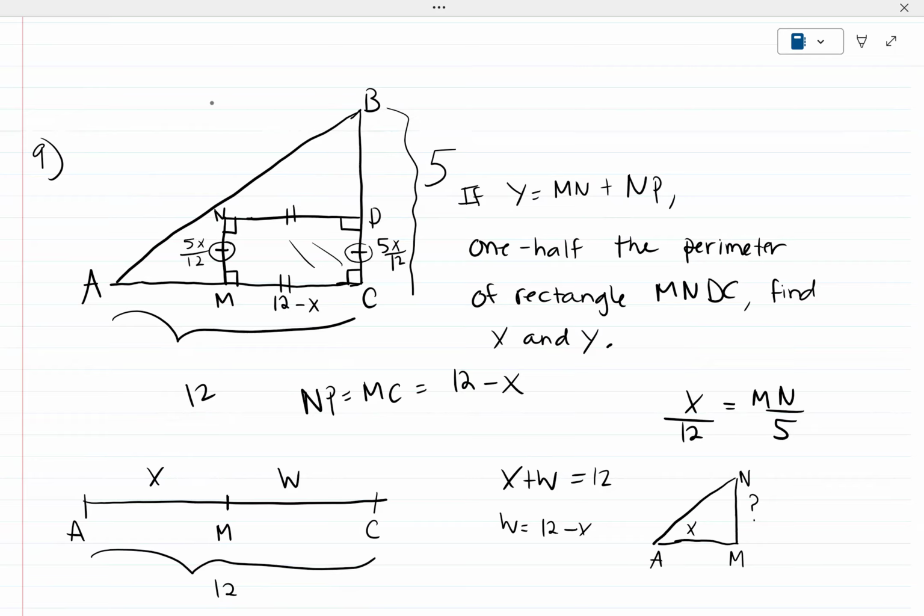The first triangle I'm drawing is this triangle right here. If you extend this, it forms a triangle. And then the main triangle, this big one, is this.